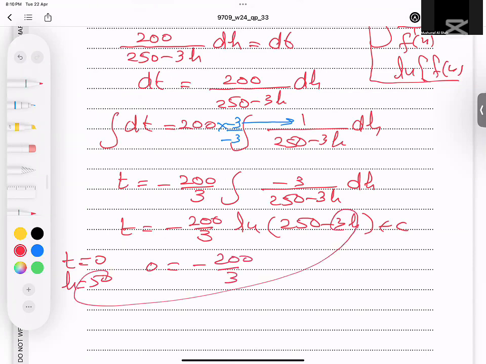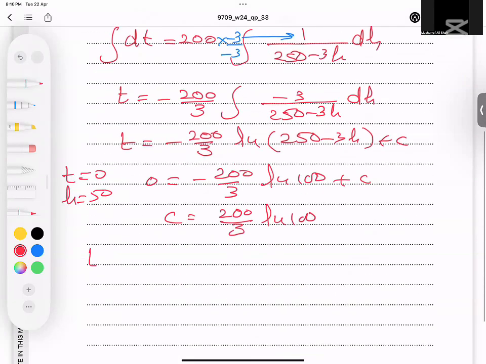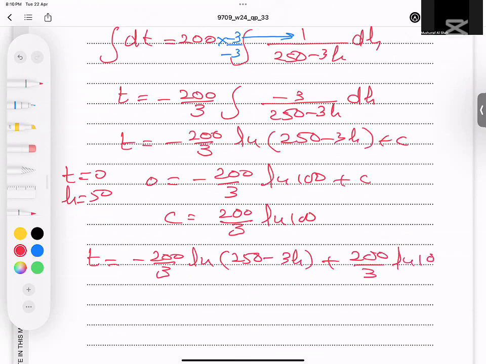So when I put 50 here, I get the logarithm of 250 minus 150, which is 100. So the c value turns out to be, with this whole thing going to the left side, 200 by 3 log of 100. I plug it back into the equation. t equals minus 200 by 3 log of 250 minus 3h, plus 200 by 3 log of 100. So this one is very clear.